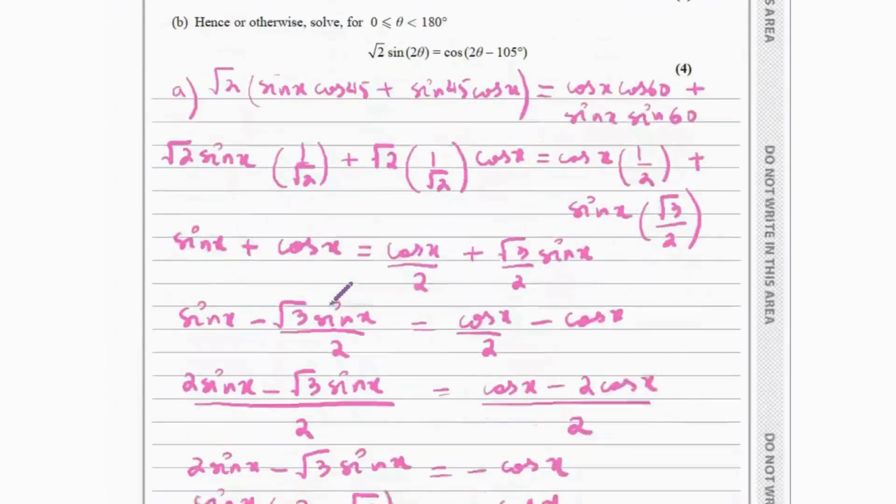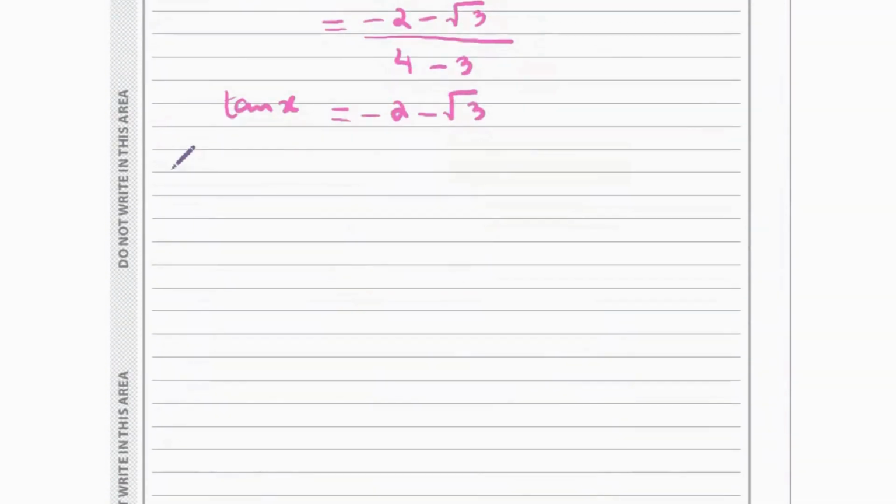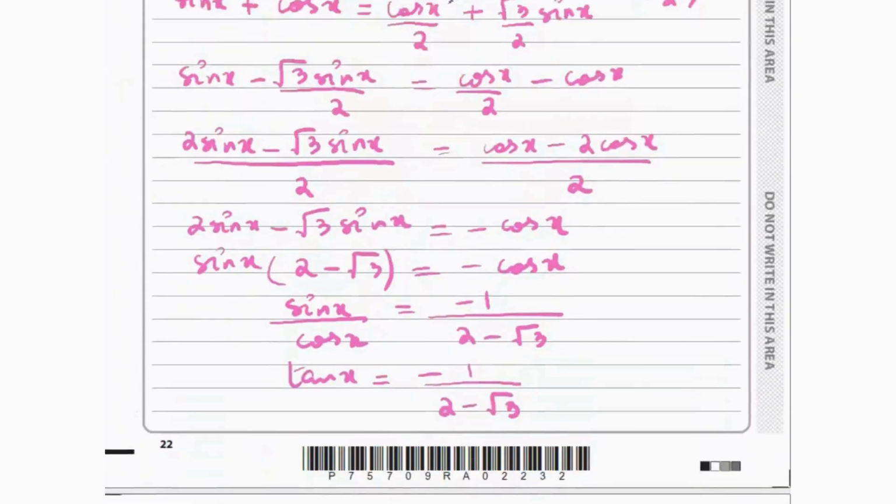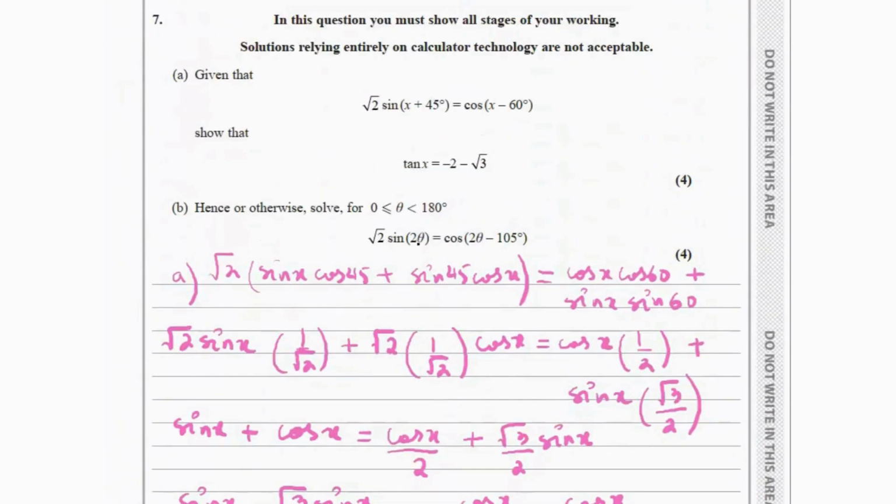Now, in this case, what we will do is we will put x plus 45 equals 2 theta, because if we go back to the question, this is going to be the same as this. So let's put them equal to each other.